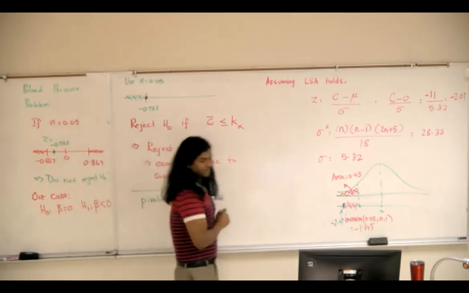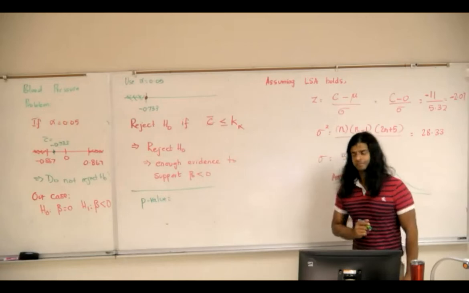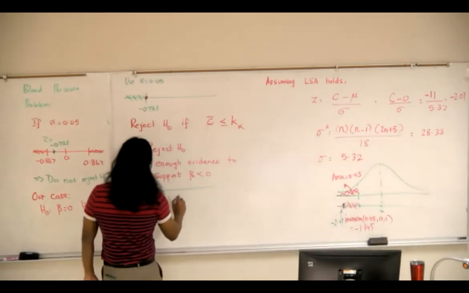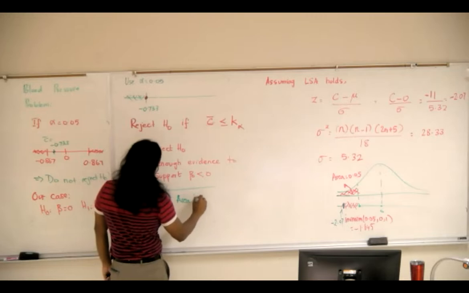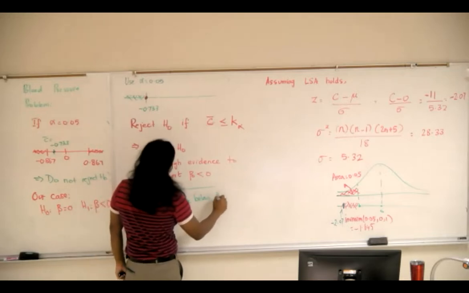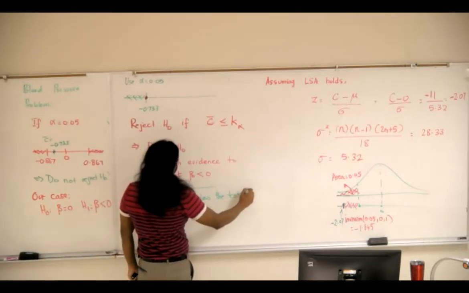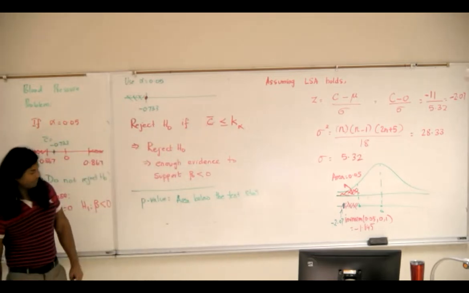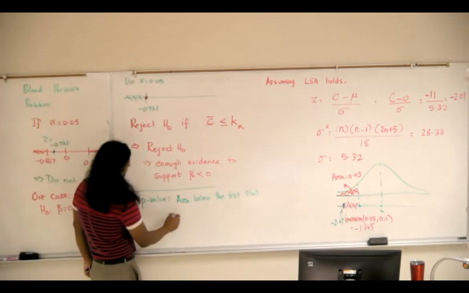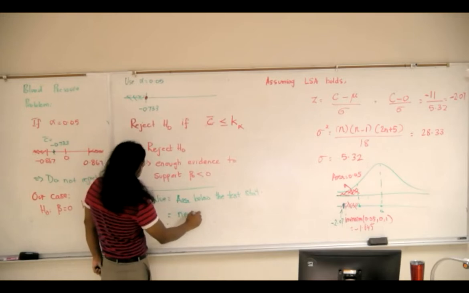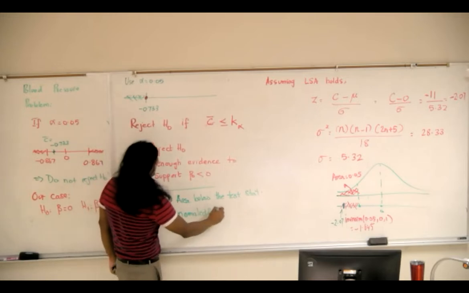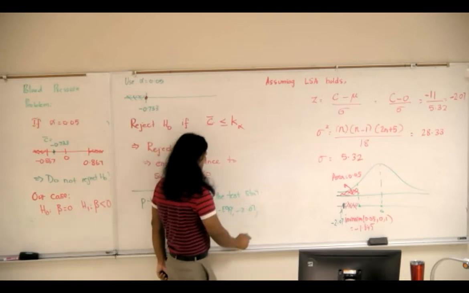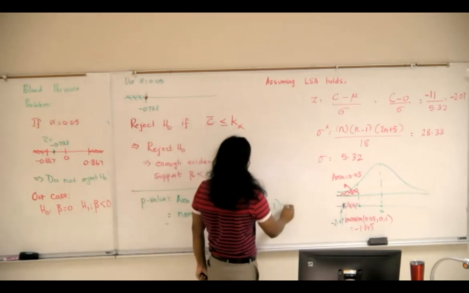How do we find the p-value? Normal CDF. It is the area below the test statistic because we are doing a left-tail test. So normal CDF, negative E99, negative 2.07, 0, and 1.